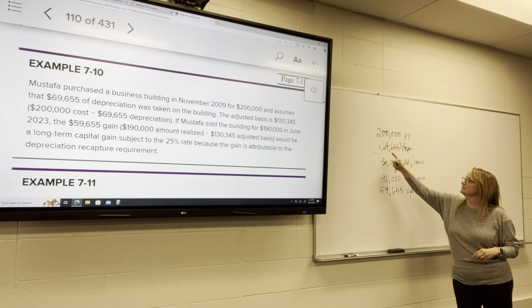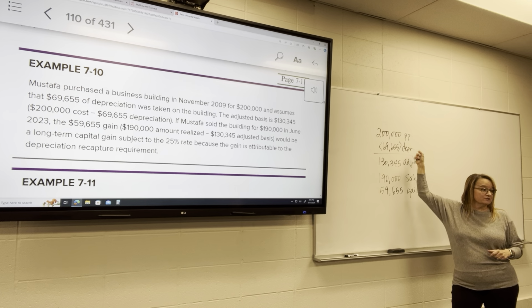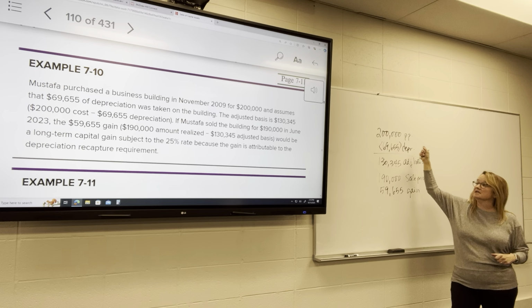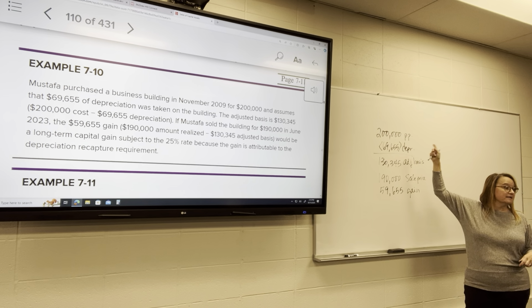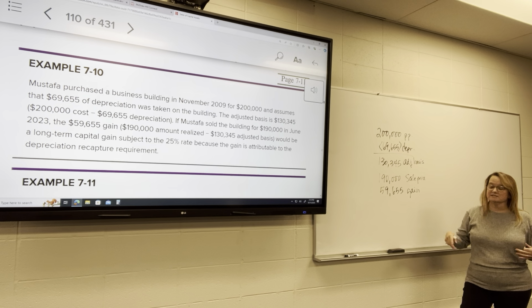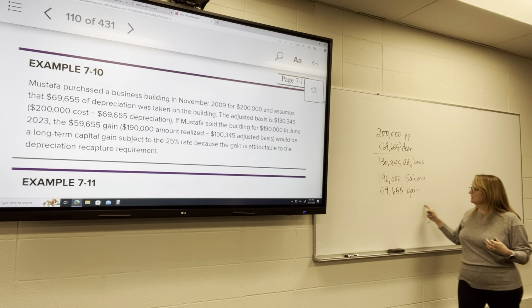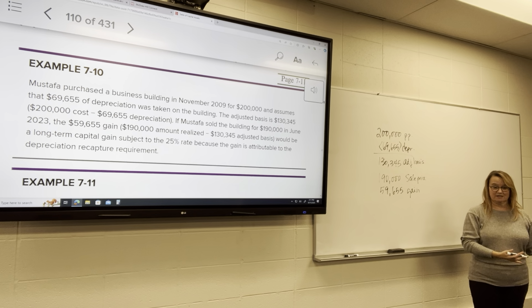Now, he had gotten preferential deductions over the years for that $69,655, and it helped to offset his ordinary income. So what the IRS is saying is, all of this gain really is only due to the depreciation deductions that you took.